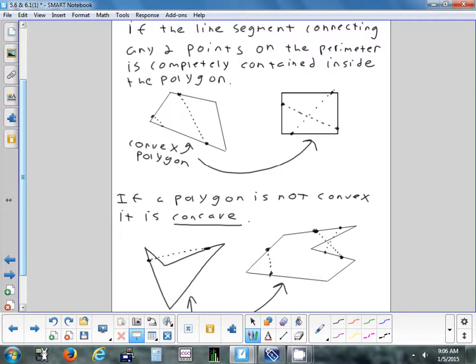If that happens, that's called concave. The simple way to think of it, one side kind of caves in, like a soap when you push on it. So concave and convex, you're either one or the other. You can't be both. If you're concave, you're not convex. It's like true or false.